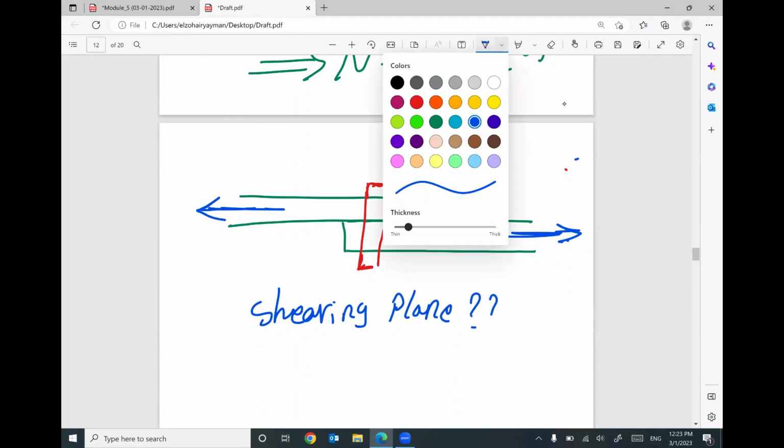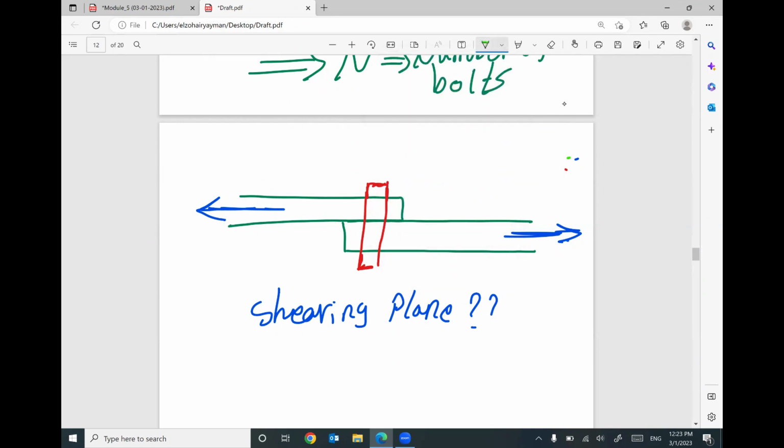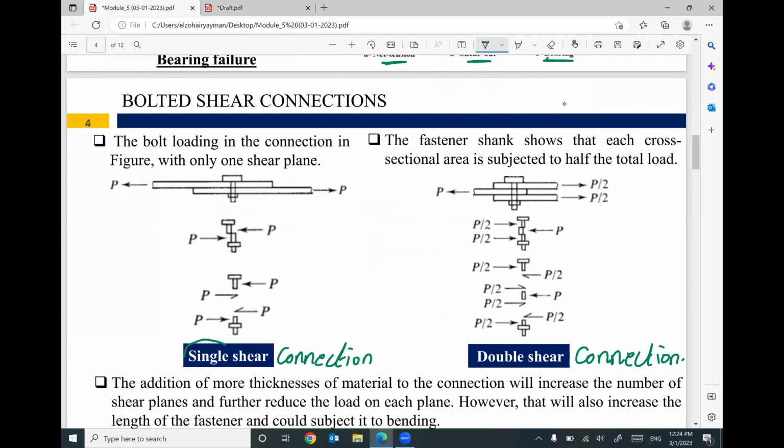I think you should expect a failure at this one, because this part of the bolt would like to move to the left following this part of the member, and the lower part of the bolt would like to move to the right following this part of the member. So we should expect shearing at this location. How many planes of shearing? We have only one plane, so it's called single shear. This is the meaning of single shear.